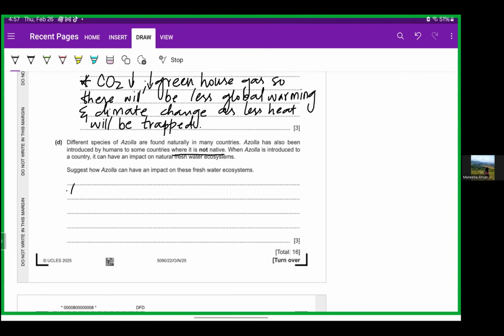So let's write it quickly. The first thing is the competition for resources and survival with Azolla.